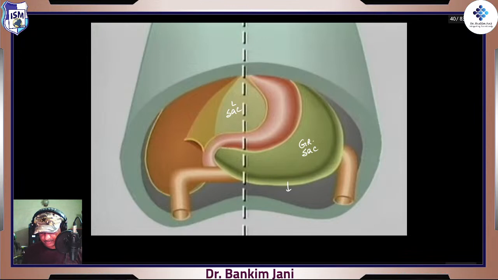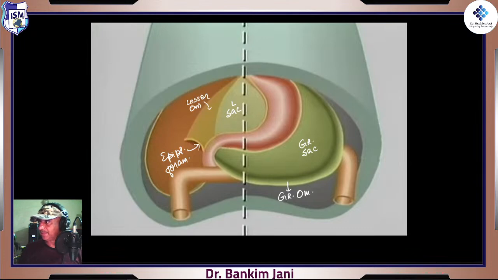This will be like the greater omentum as it will be developing further down, right? That is the epiploic foramen, right? And this is the lesser omentum. The lesser omentum is between the stomach and the liver, right? Because that's the only organ which is over there.